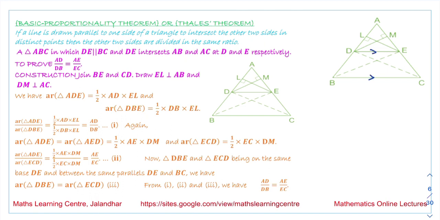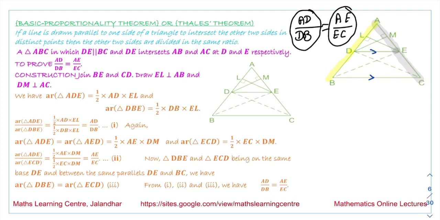Then the ratio AD is to DB is equal to the ratio of the other two sides, AE over EC.